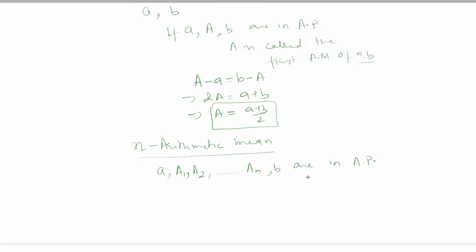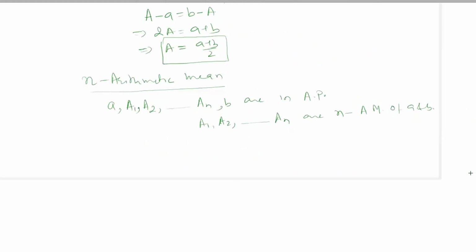In such situations, we say that A1, A2, up to AN are n arithmetic means of A and B. Now we're trying to find these numbers in terms of A and B. There are n numbers here, 1 here and 1 here, so the total terms of this AP is n plus 2.